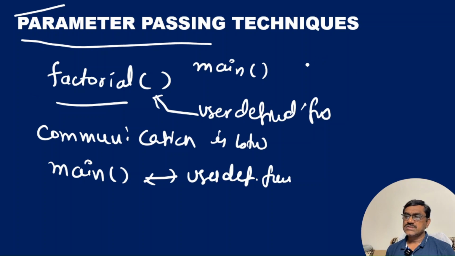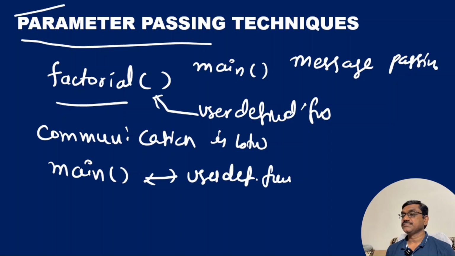In another sense, we call it message passing. But in C, mainly we prefer the technique called parameter passing techniques. In one word, I can say that the parameter passing technique is the way of providing the communication between the main and the user defined functions.